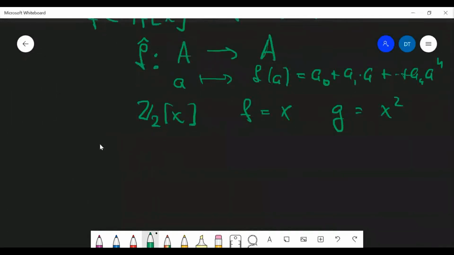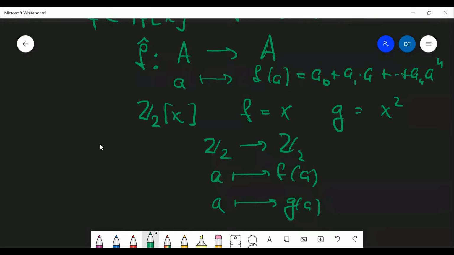But if you define a map from Z2 to Z2 by the rule a goes to f(a), then this map coincides with the map defined by the rule a goes to g(a), because here you have only two elements, 0 and 1. When you apply f to 0, it goes to 0. And when you apply g to 0, it goes to 0. And if you apply f to 1, it goes to 1. And if you apply g to 1, it goes to 1. So the functions f hat and g hat are the same. But these are two different polynomials.